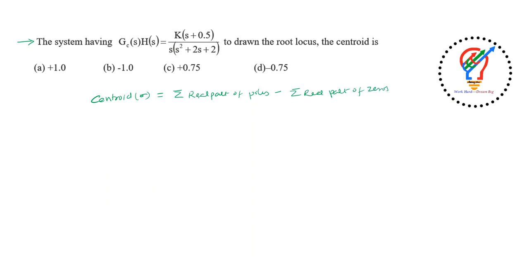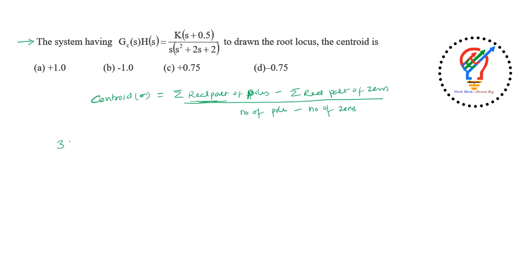Understand this: what is the real part of these poles and the real part of the zeros here? It is a simple question.